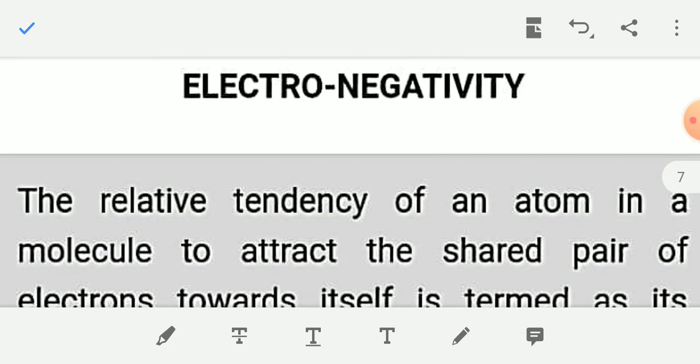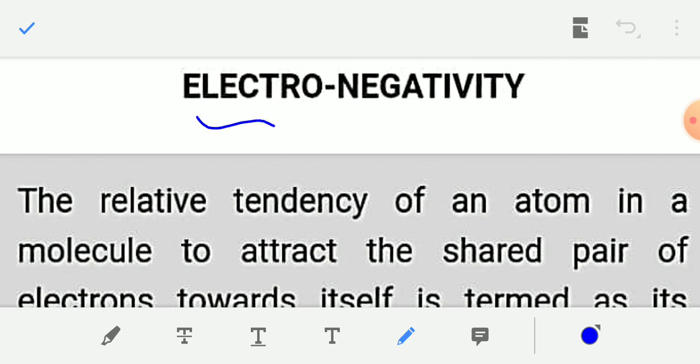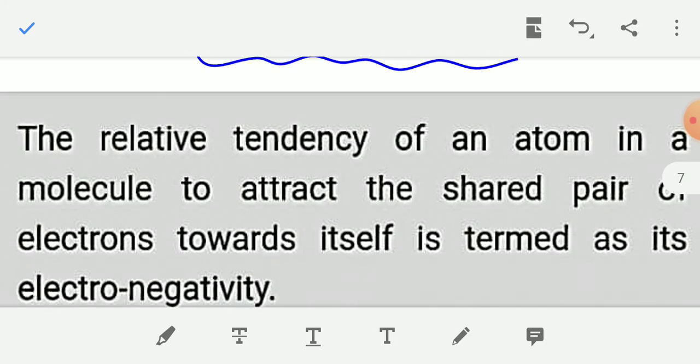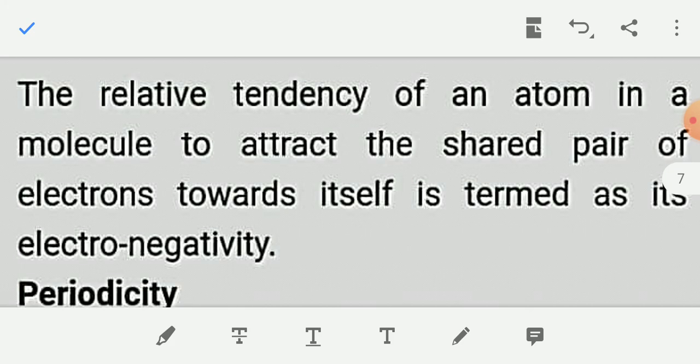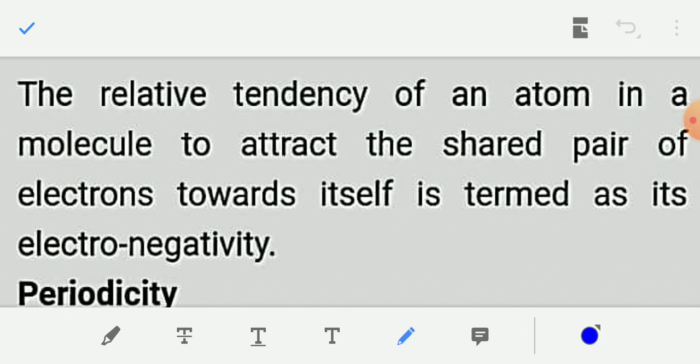Now, electronegativity. This is the next periodic property. So what is electronegativity? The relative tendency of an atom in a molecule to attract the shared pair of electrons towards itself is termed its electronegativity. The term is applied only when an atom of an element is covalently bonded with another atom.